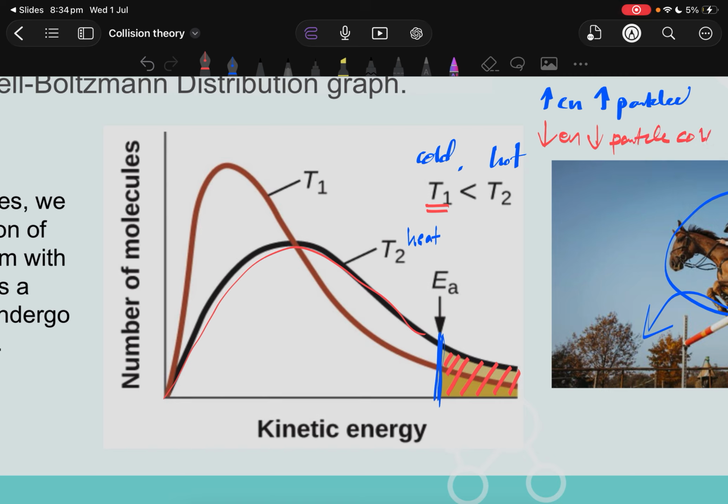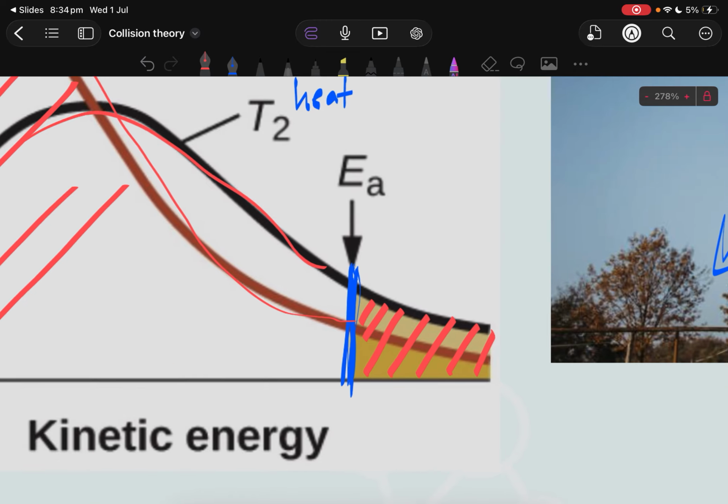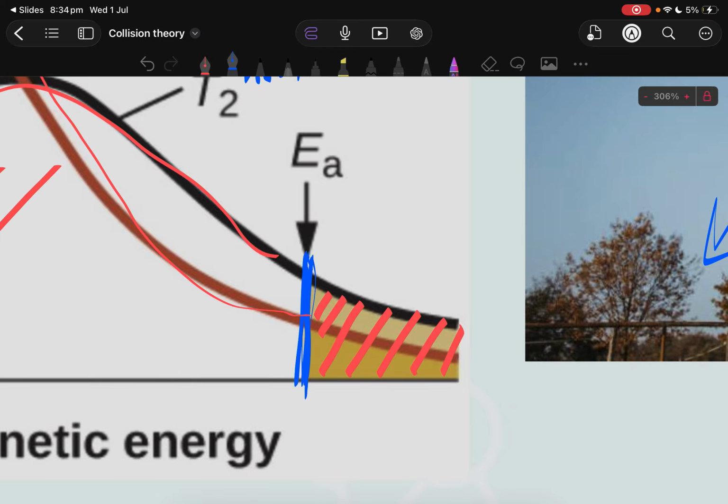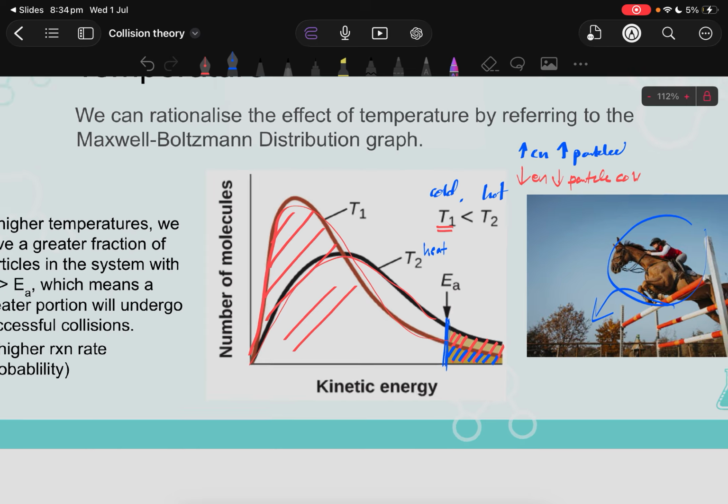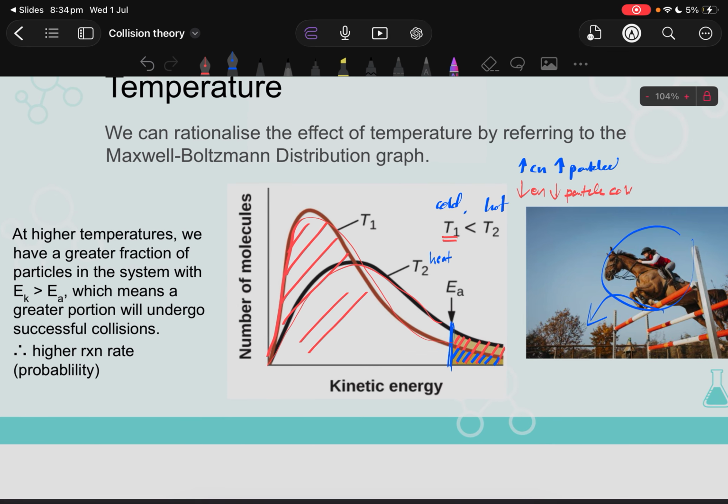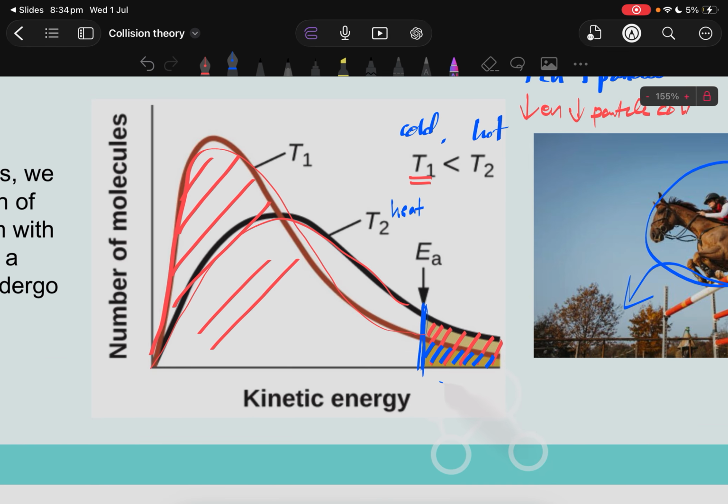And if there's less particle collisions, we can just see generally they skew more towards the left side because they have less energy now. And obviously, if we're looking at our threshold, now we have less amounts of molecules overcoming the activation energy. Therefore, surely, if there's less molecules overcoming the activation energy in T1, then there will be less successful collisions in T1 than in T2.